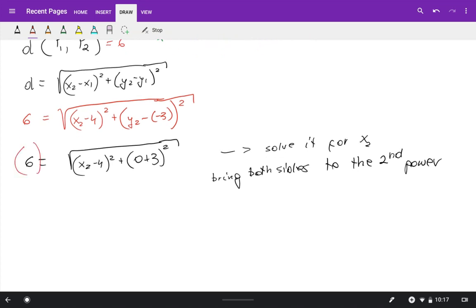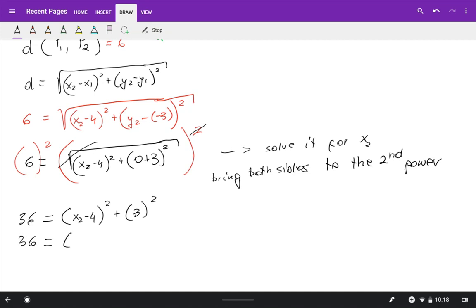That gives us 6 squared, which is 36, equals x2 minus 4 squared plus 0 plus 3, which is just 3, squared.